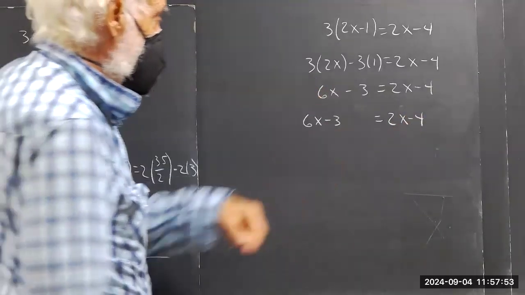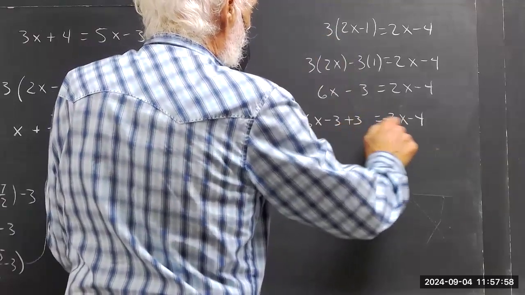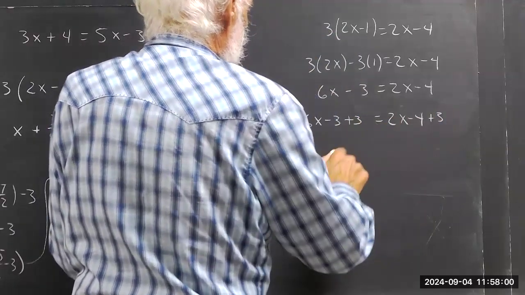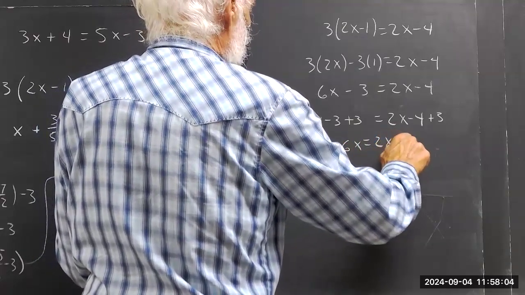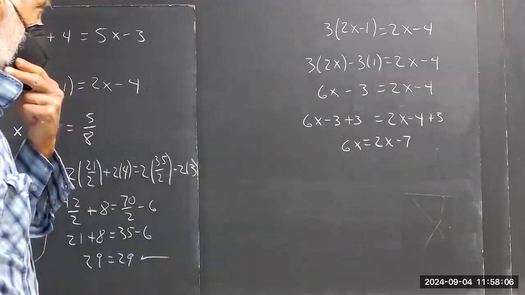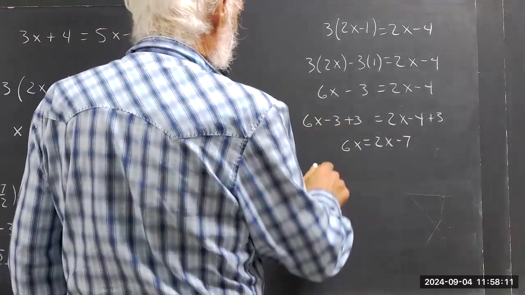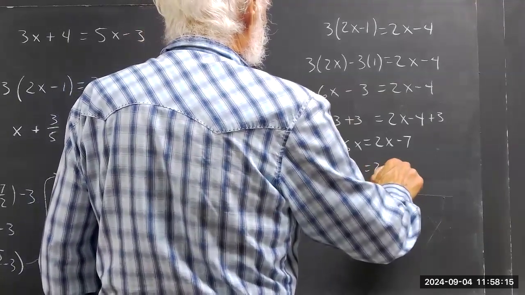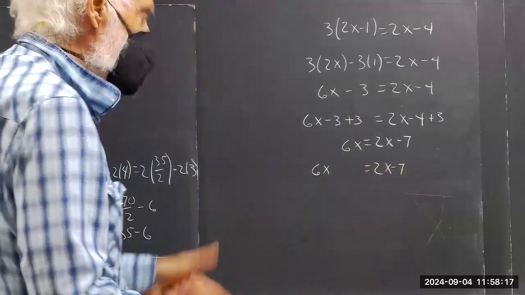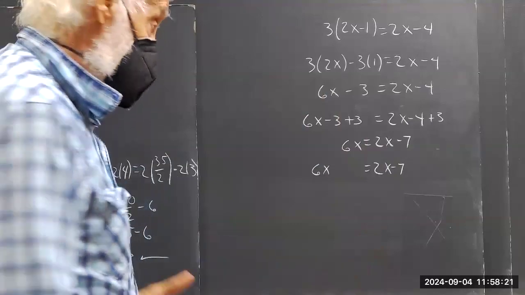We add 3 to both sides because we don't want a 3 over here, which gives us 6x equals 2x minus 7. Then we're going to add 7 to both sides. Notice I write down both sides before I add anything to make sure that I'm not missing that step, okay?